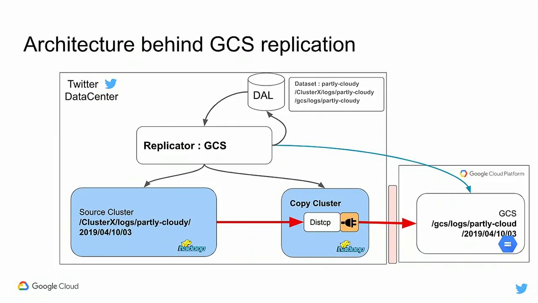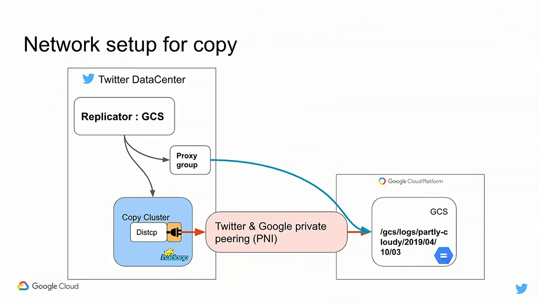For this to happen, we had to do a few things with the network. As I said, the replicator does two things. One is the metadata operation, which compares the source directories and the destination directories. For that, we used a proxy to reach the Google endpoints, because the amount of data transferred around metadata operations is not that much. But the actual data is in the order of petabytes.